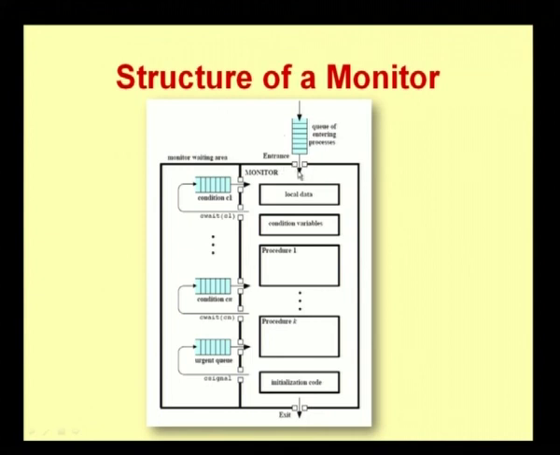The data gets separated out: local data, the condition variables, and a set of procedures. When the local data has been set, the monitor checks. When the code enters inside, the monitor checks whether it has a sufficient set of data.